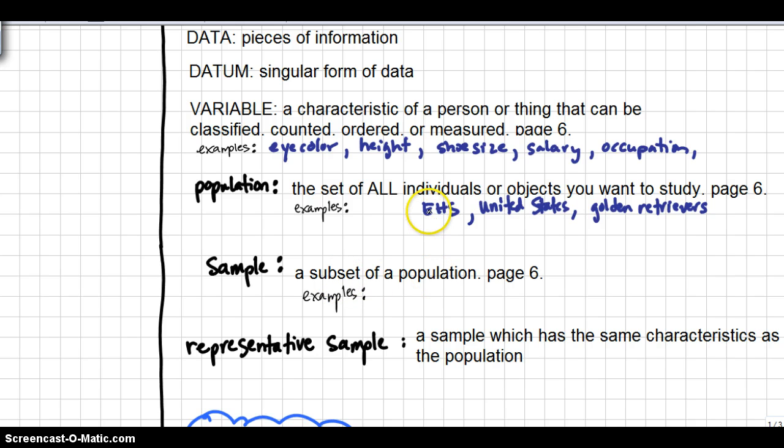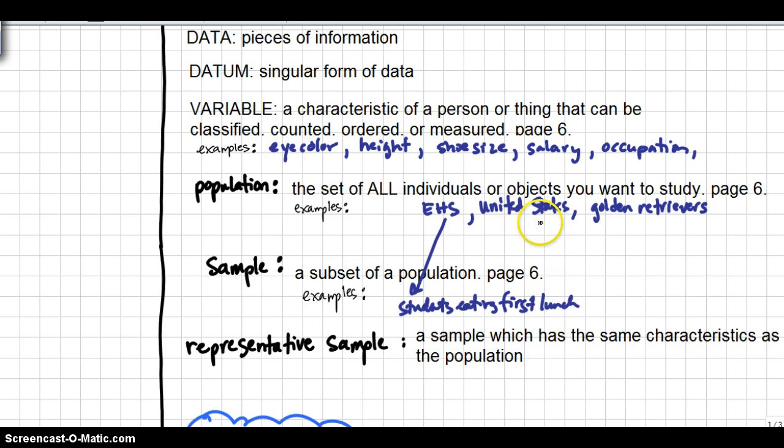So an example would be here at Edina High School. A subset could be students eating first lunch. So that would be considered a sample because most students do eat lunch in the building, and there's a variety of types of students who would go ahead and be eating first lunch. They could be 10th graders, 11th graders, or 12th graders.